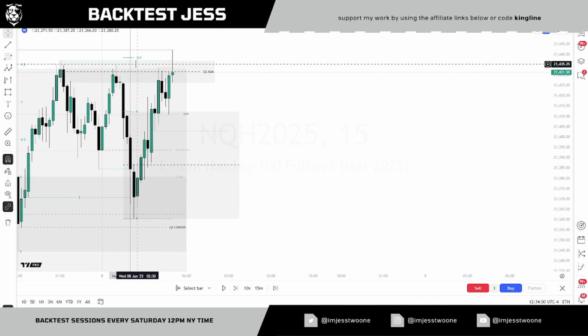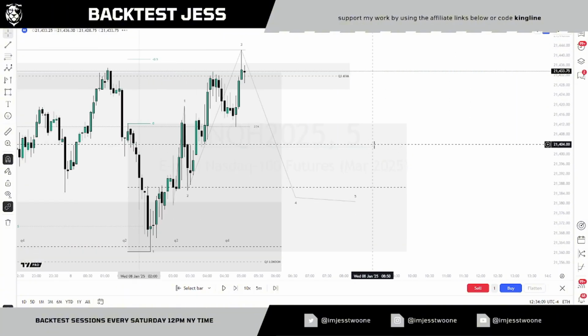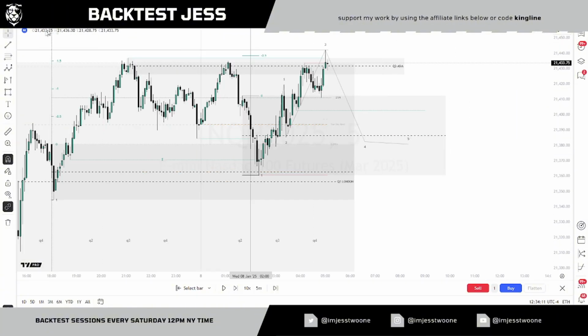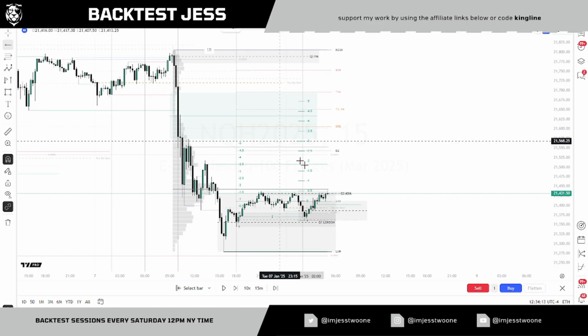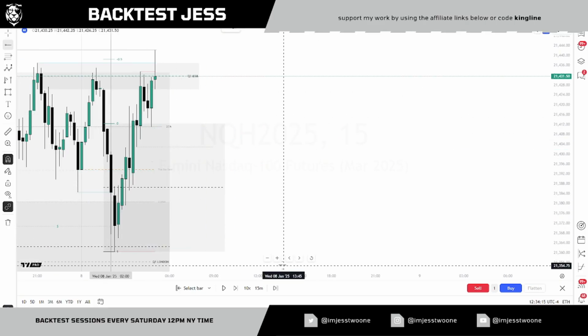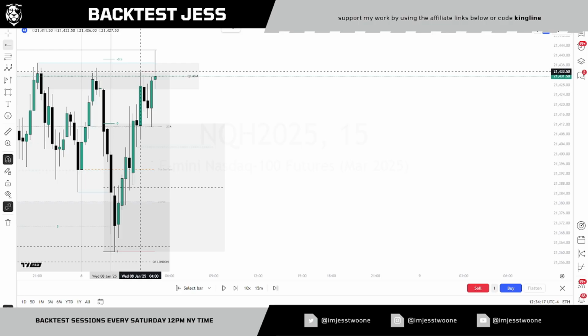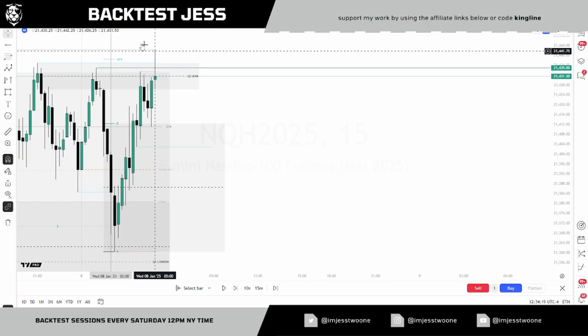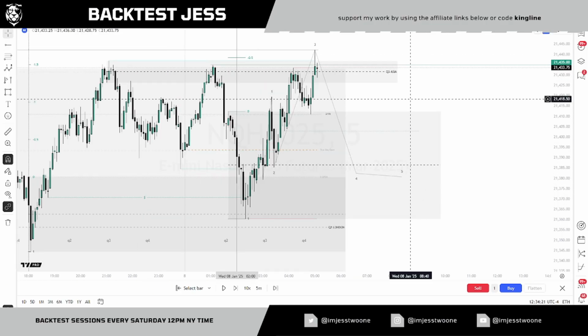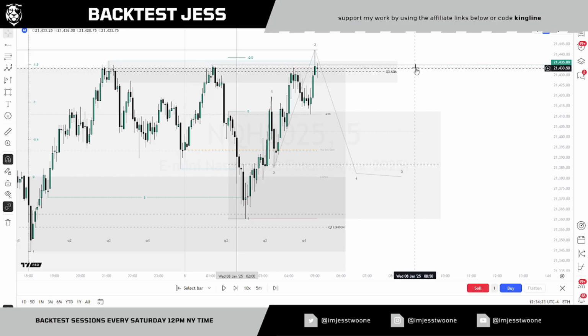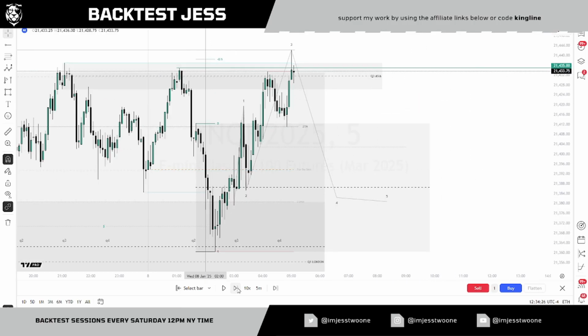Okay, yeah, so technically we need to close above here for this high for it to be 1. But I would say it can sometimes be ambiguous when the price action is not as clean. So okay, yeah, we don't have a close above this one.